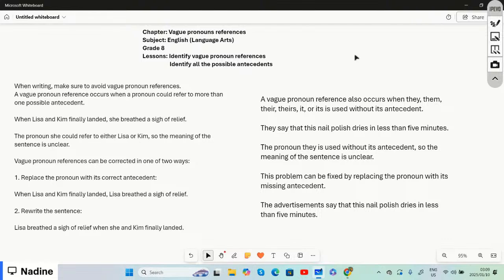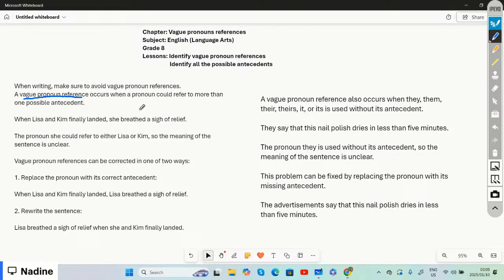And like we say, a vague pronoun reference occurs when a pronoun could refer to more than one possible antecedent.